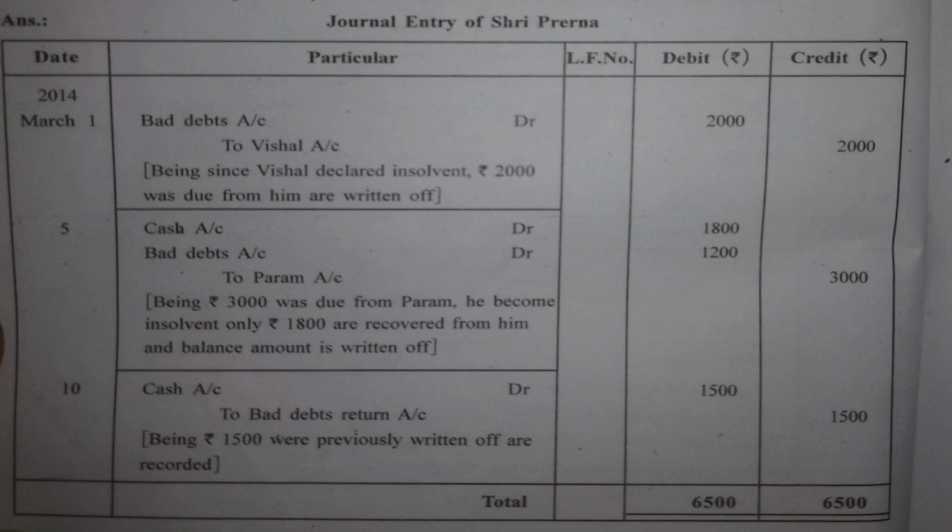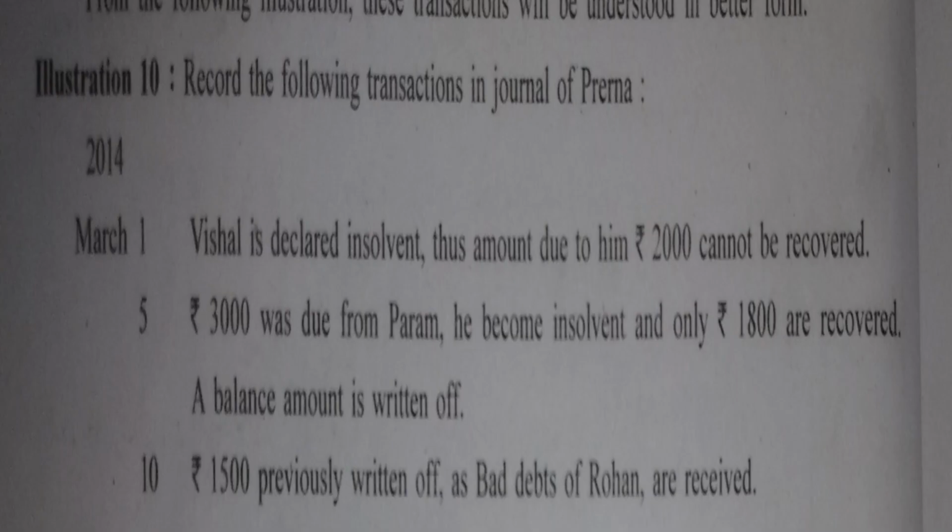So debit what comes in: cash account debit, cash comes in, and bad debts recovered is your income. Income is to be credited as per the rule of nominal account. Being rupees 1500 previously written off are recovered. Alright. So that's all. Here we also complete illustration 10, which was very short.